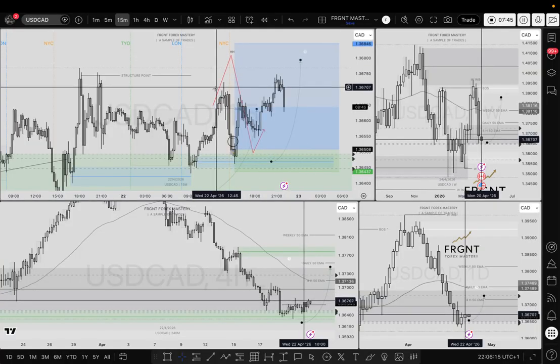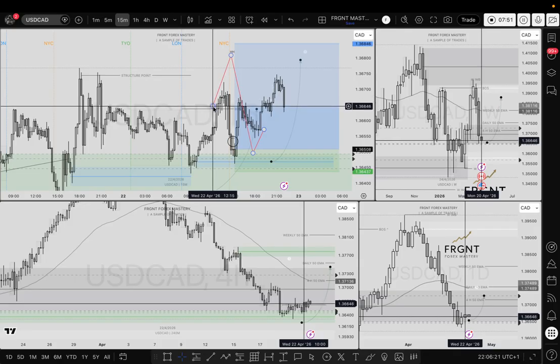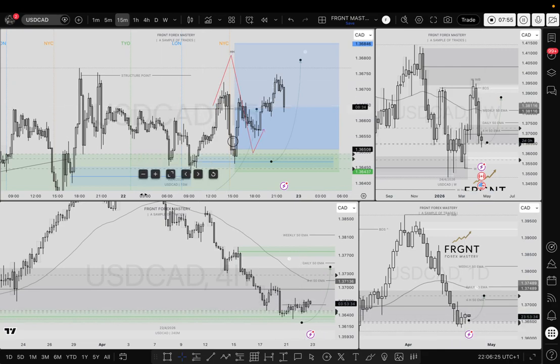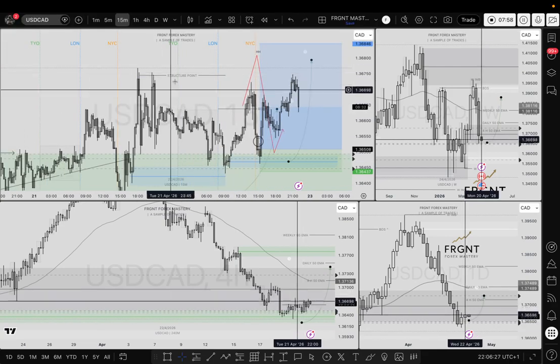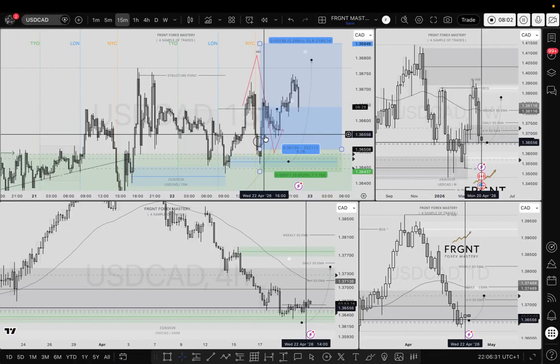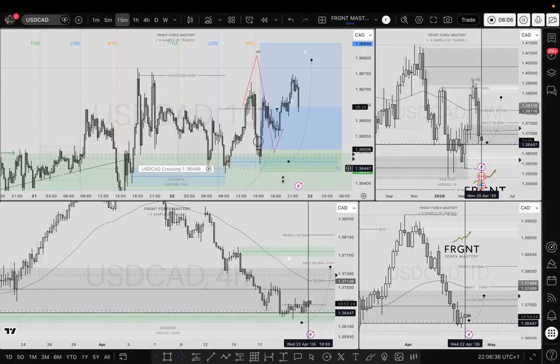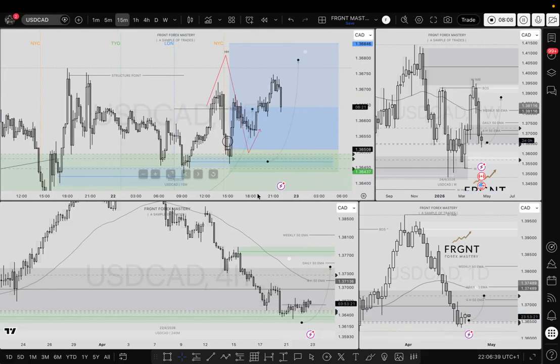I would have liked, in an ideal scenario, again, this hasn't gone down as a textbook trade. It is just a good trade, in my opinion, based on my statistics. I would have much preferred for price to have broken structures altogether, even the most recent higher high, create a new higher high, as I've said here, then pull back into an area of imbalance for me to take that position, and then it would have been plain sailing for a textbook trade.